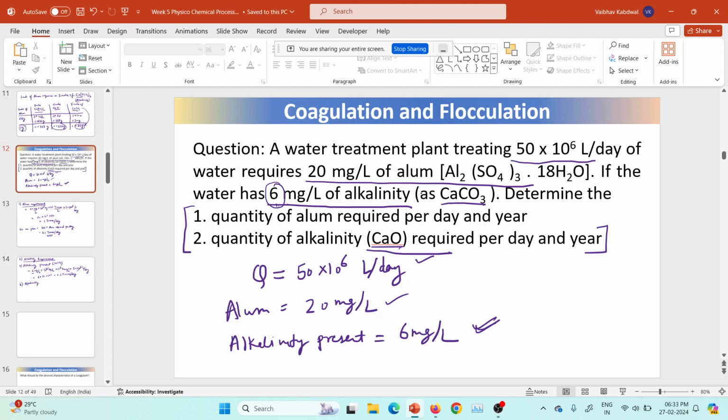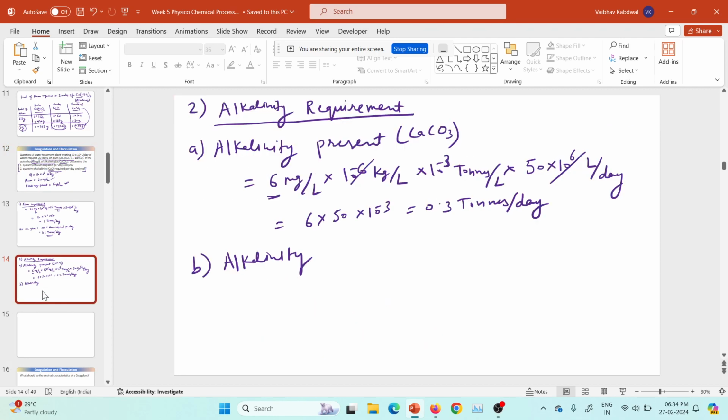So we will calculate what is present in terms of CaCO3 and what is required in terms of CaCO3. If the requirement is more than the present alkalinity, we will subtract, so that much amount will be provided by us. That we will also calculate in terms of CaCO3, and then we will convert that alkalinity to be supplied in terms of CaO. So this is the approach which we will use here.